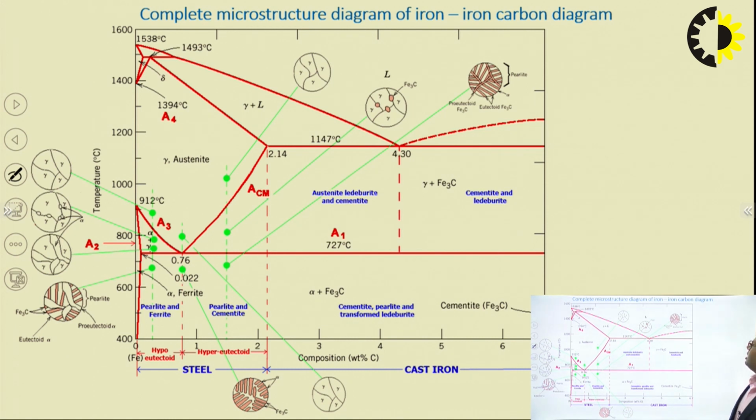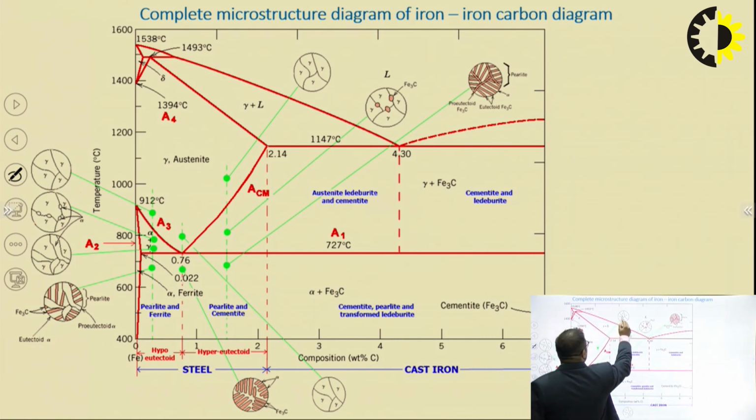Similarly, this is the complete microstructure diagram of the iron-iron carbide diagram, where different phases of iron are shown. You can see that this is the gamma austenite phase, which shows the same structure, and here alpha ferrite is there, here austenite is there, here alpha nucleation is going to start, here pearlite is going to form.